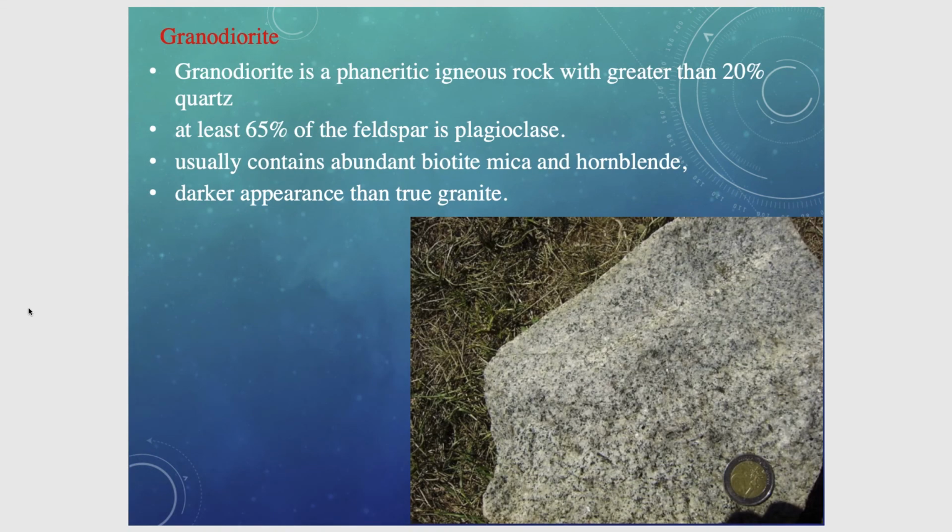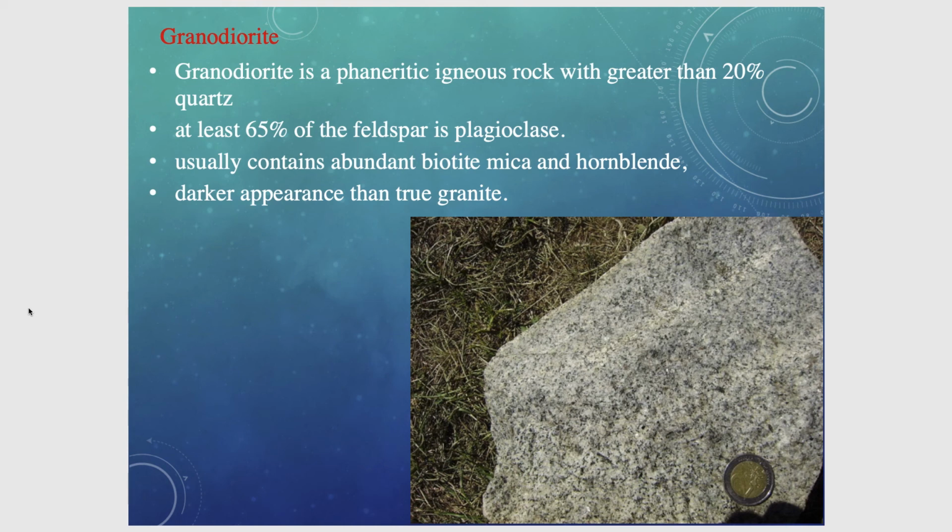If we move into the granodiorites, the tendency is to lose the pink color, so they are easy to spot because of that, but you still have quite a bit of quartz, usually more than 20% quartz, and at least 65% of the feldspar is represented by plagioclase instead of K-feldspar, so the sodic-calcic varieties.